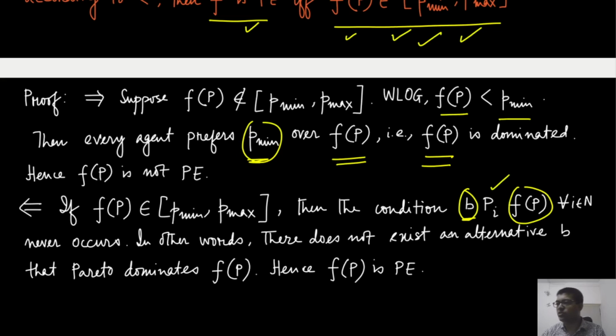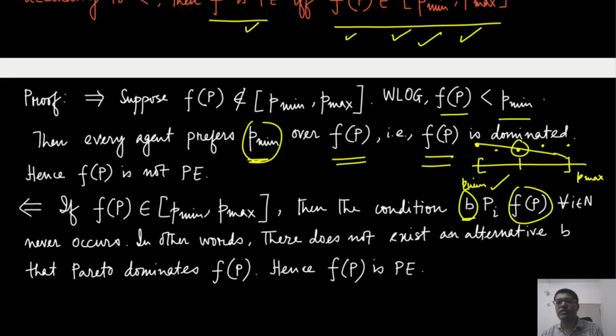So imagine what is happening here. We have P max here and P min here. There exist one or more players whose peaks are at these ends, but for all the other players the peaks are somewhere in between.